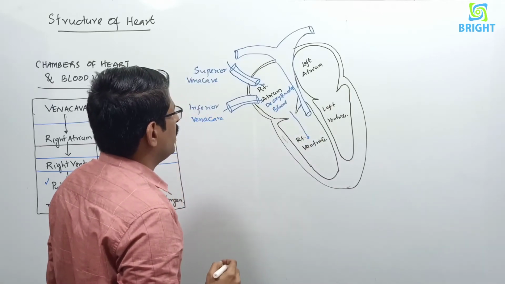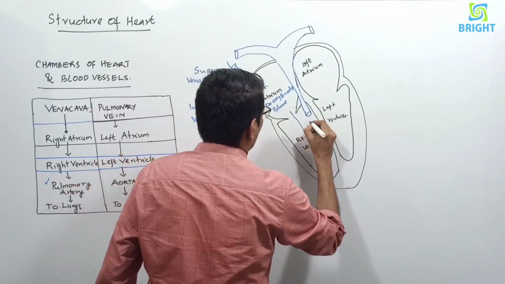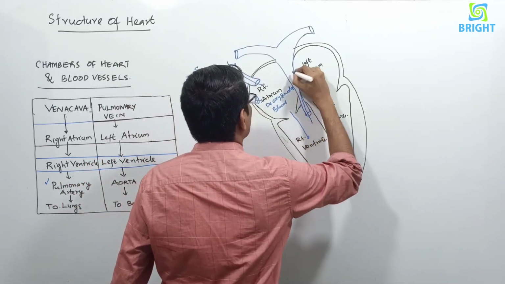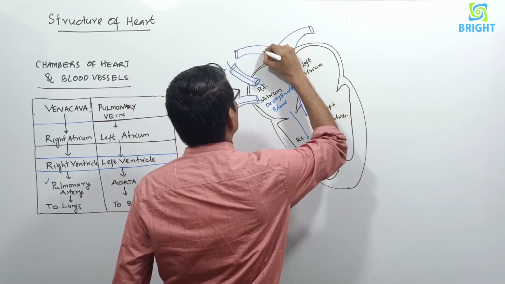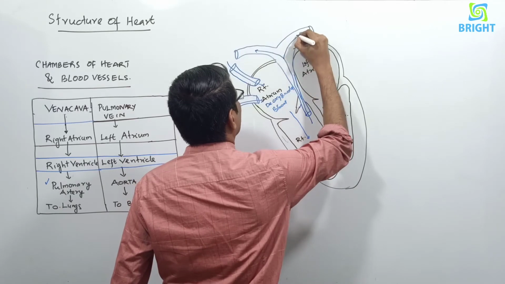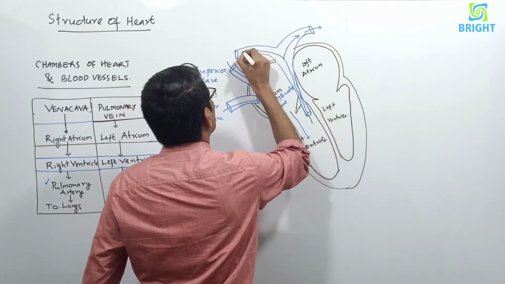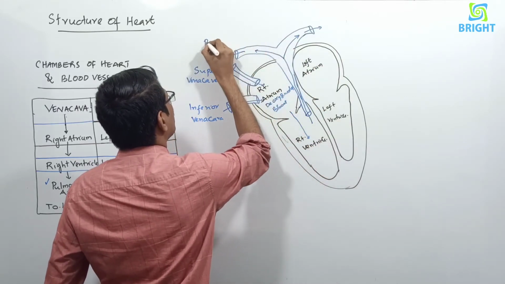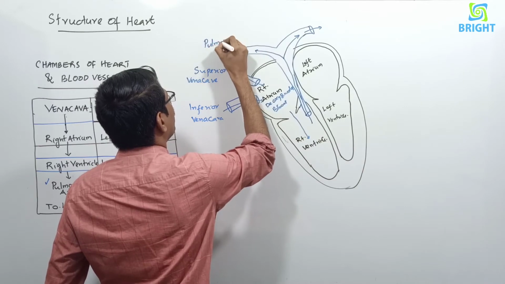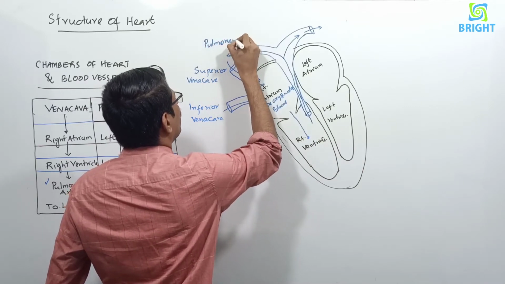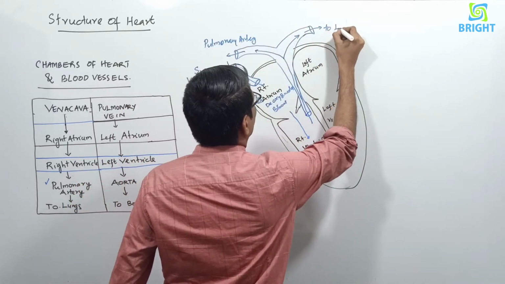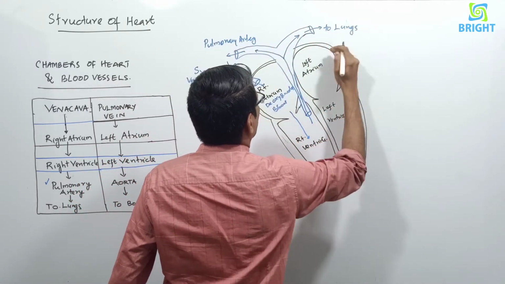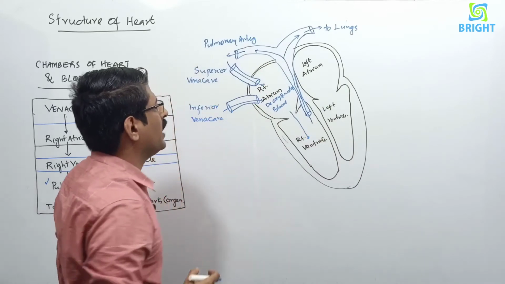This is called the pulmonary artery, and it carries deoxygenated blood into the lungs. So this is the pulmonary artery, and this is to the lungs. This is to the left lung and this is to the right lung.